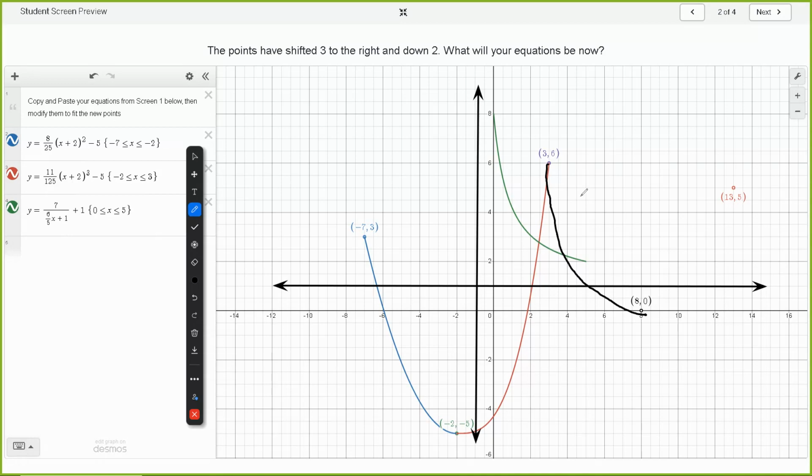By the looks of it, the starting point started at 0.8. To get to this point here, there is +3, or a horizontal shift of 3 units. And to go from 8 to 6, I've got a vertical shift.